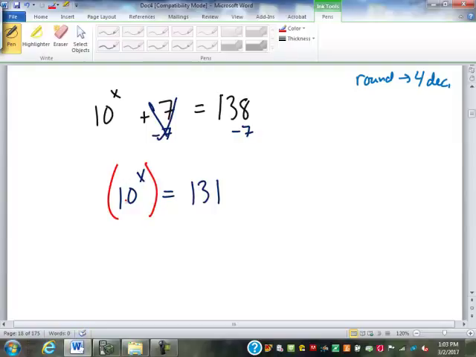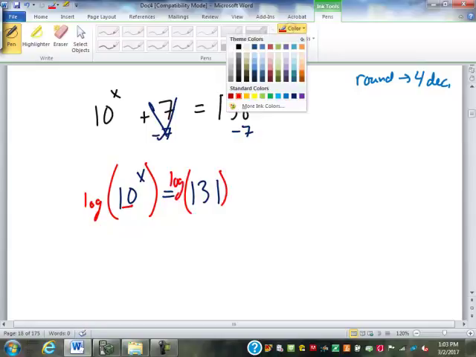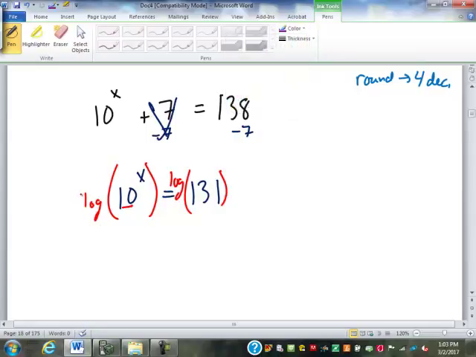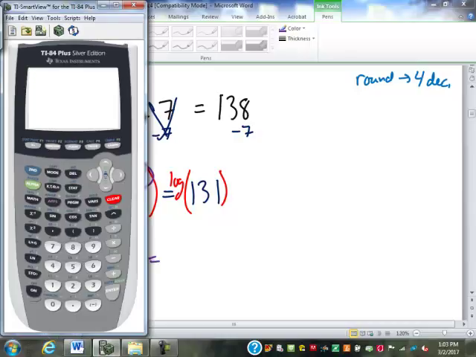Well, 10 is the base of our exponent, so we have to use a log with base 10, which is just our regular log. So if we take the log of this equation, the log and the 10 cancel out, leaving you just x on this side. Then we have to do the log of 131. So we've got log 131 is 2.1173.